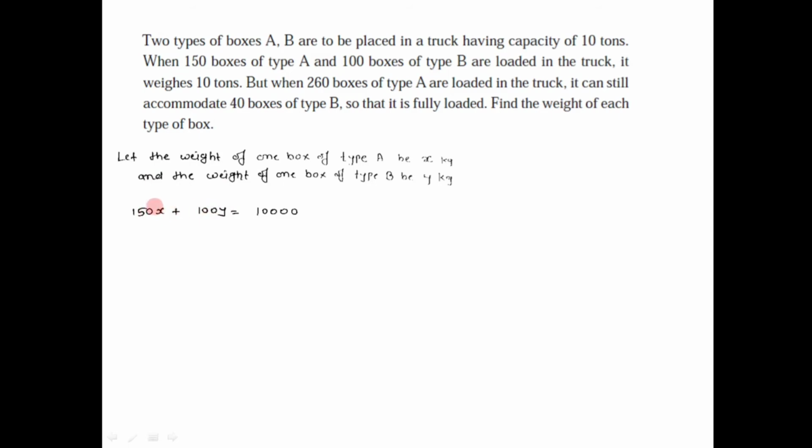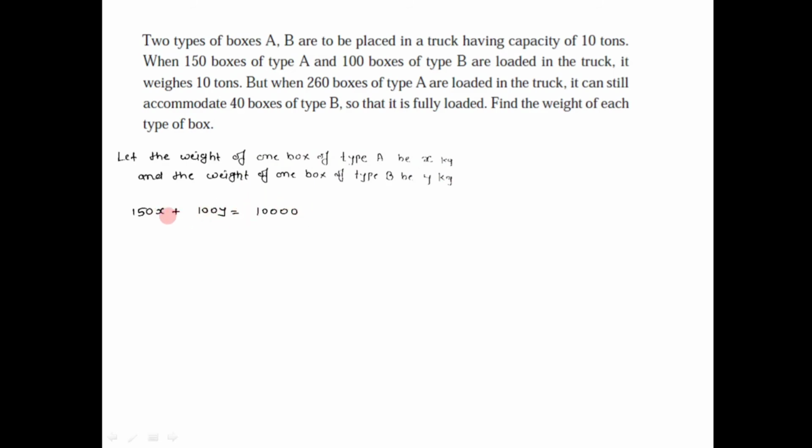If we add these two, it weighs 10 tons, that means 10,000 kilograms. Because we have assumed the weights in kilogram, we have to convert tons into kilograms so as to have the same units.